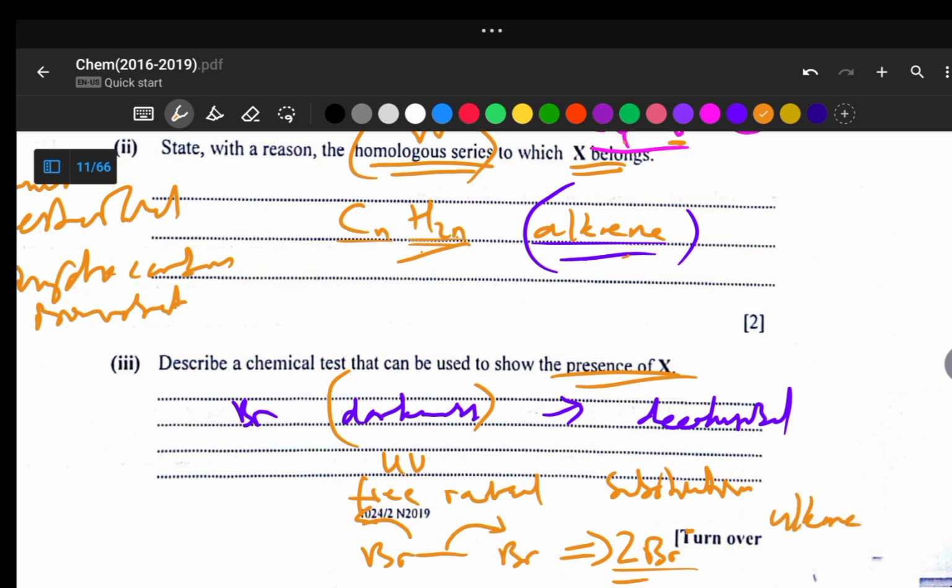So alkanes can also decolorize bromine water in the presence of light. So we must highlight that we are using darkness, because in darkness an alkane cannot decolorize bromine water. Are we together? So this is what you need to understand.